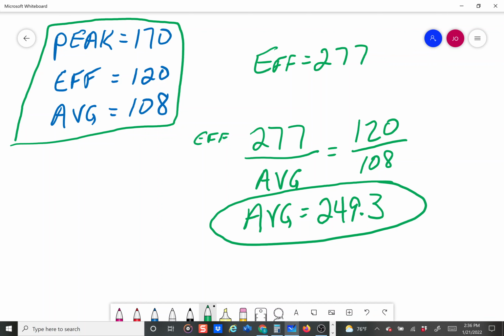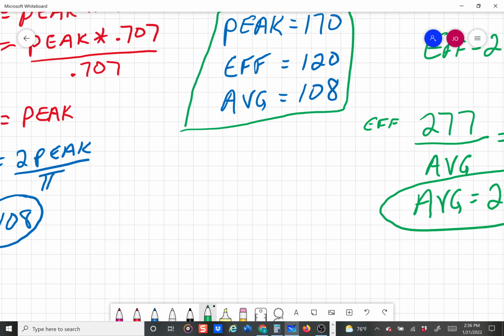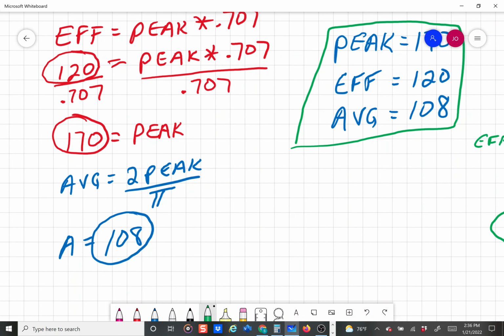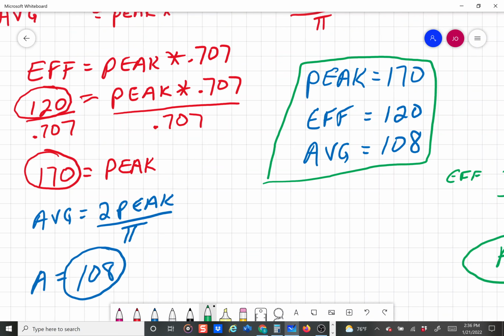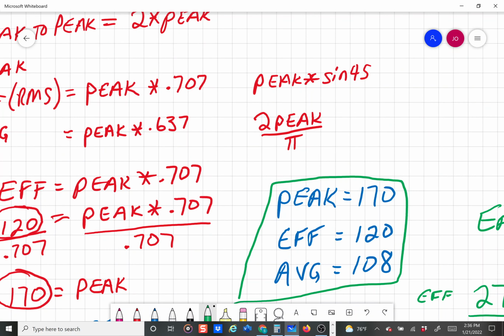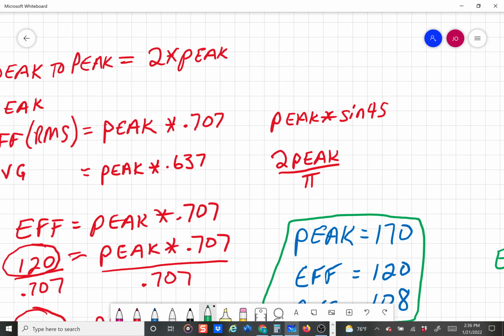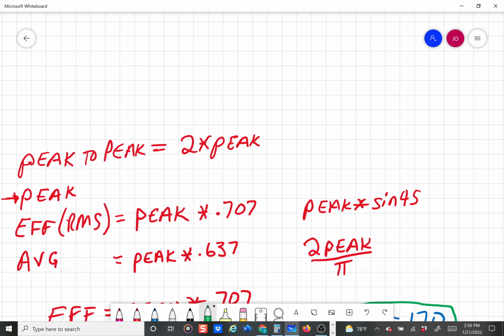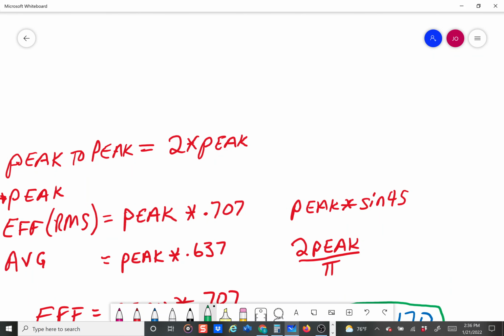We're going to come back over here to our equations. And remember, I have an effective voltage of 277, and I want to convert that effective voltage to an average voltage. I'll bring it up here where I've got my formulas. So I've got my peak value.